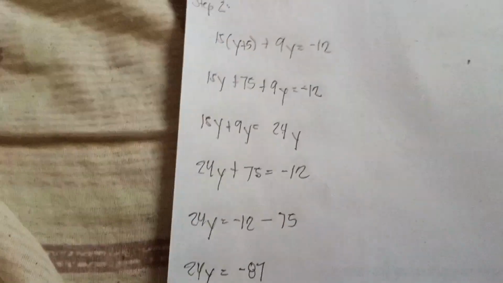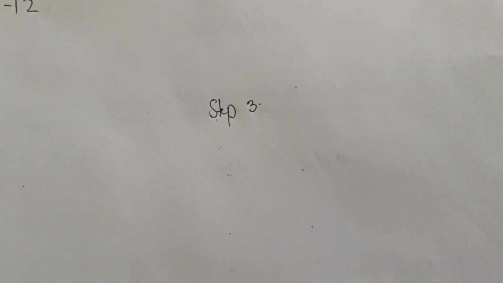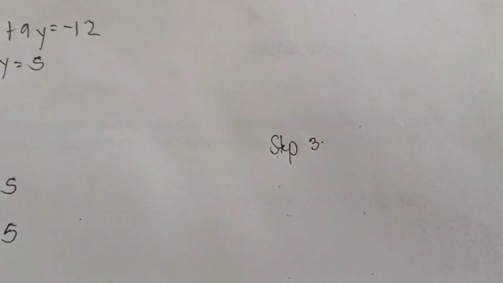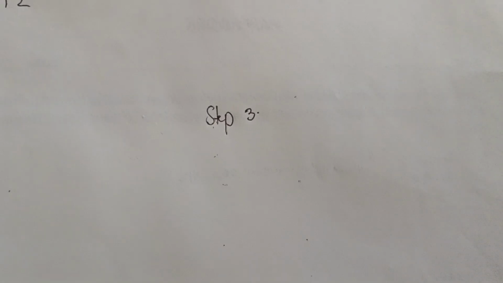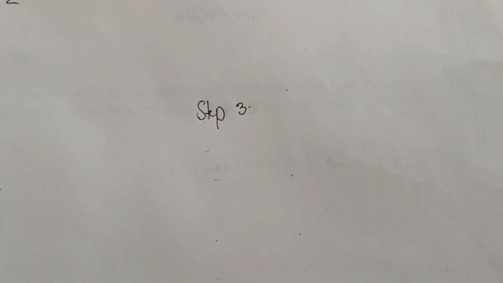And that is the value of our y. For step 3, we're going to find x using the equation x equals y plus 5. Now we have the value of y, which is negative 29 over 8. We're going to substitute it back into x equals y plus 5 to find x.